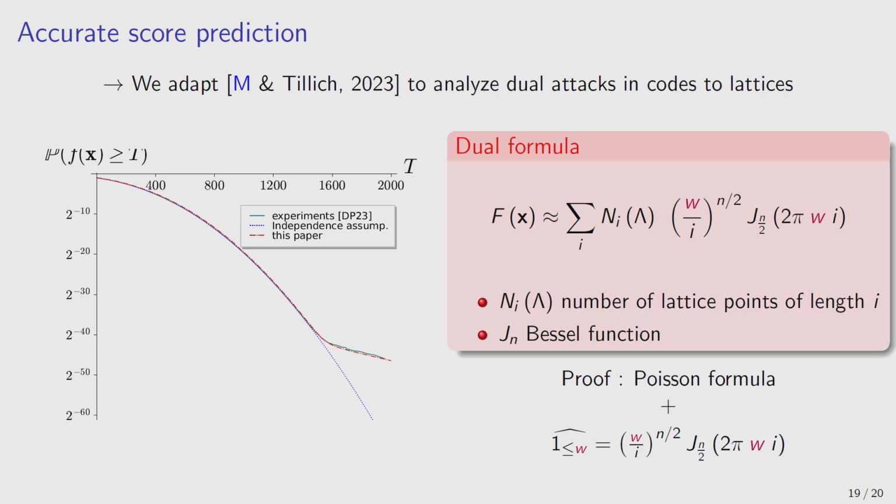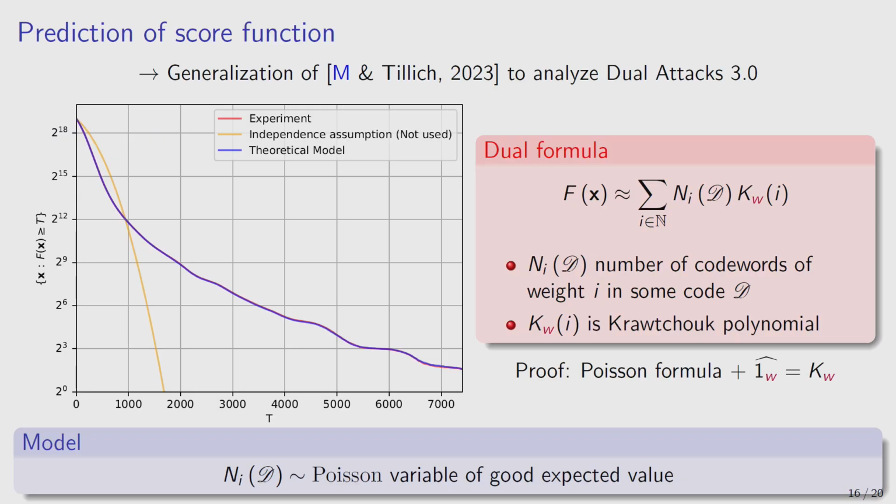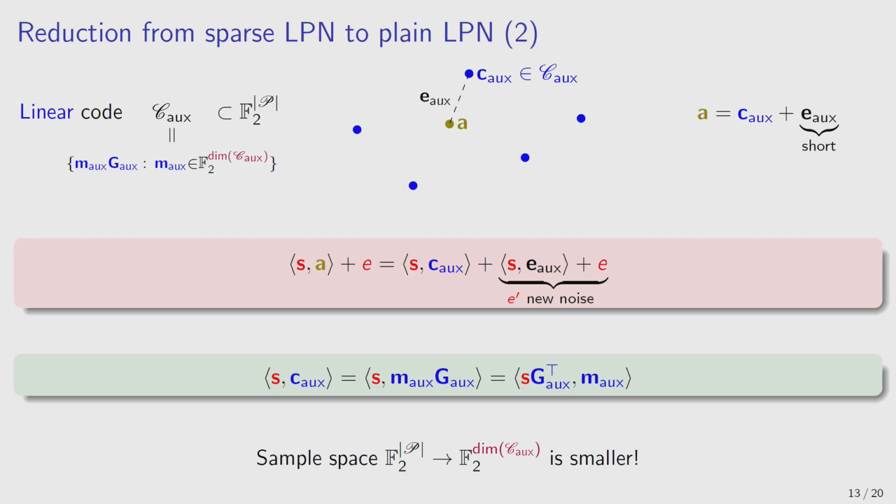I'm not sure I will be able to give a full answer to that. But when you look at the parameters, you have the weight of the secret and the auxiliary code. It's just an intuition for why it looks optimal.